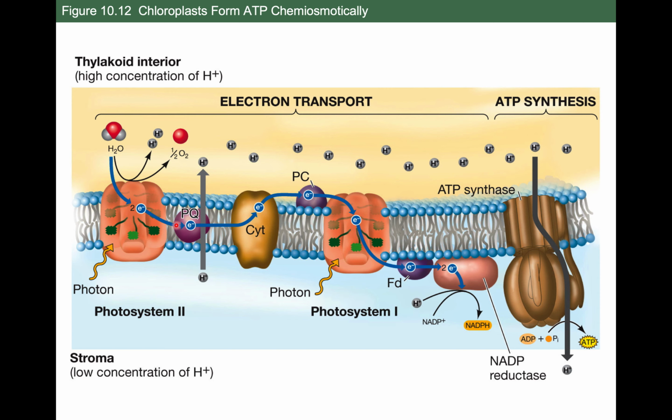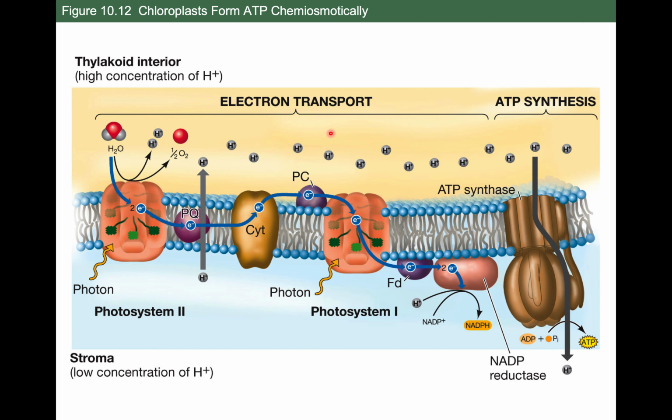And just like we talked about in cellular respiration, as the electrons pass down this chain, a little bit of energy is being released with each passage. Some of that energy is being trapped and used to pump protons across a membrane, the same thing that we saw with the electron transport chain inside the mitochondria during cellular respiration. So we're pumping protons from the stroma into the thylakoids, building up this big gradient of protons.